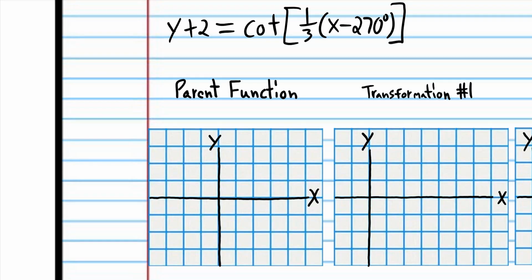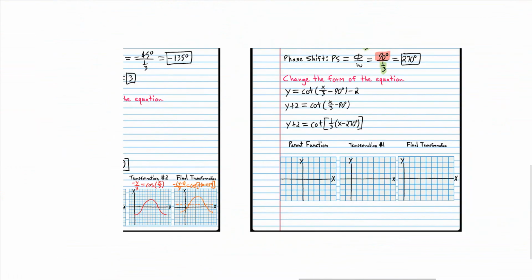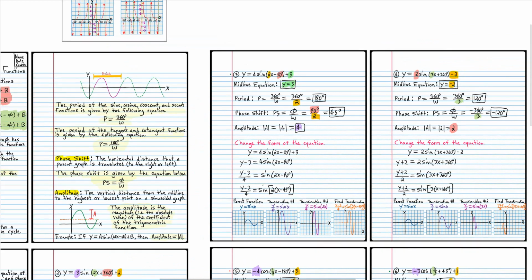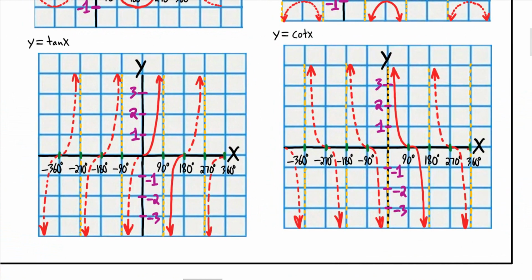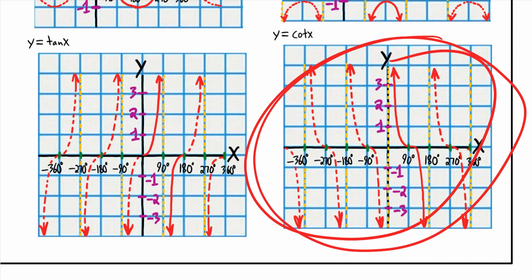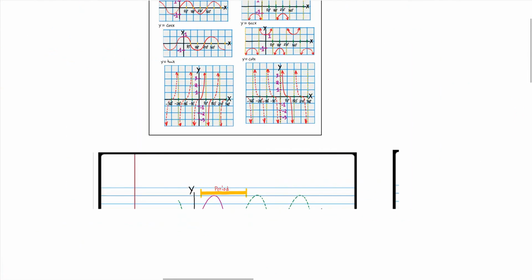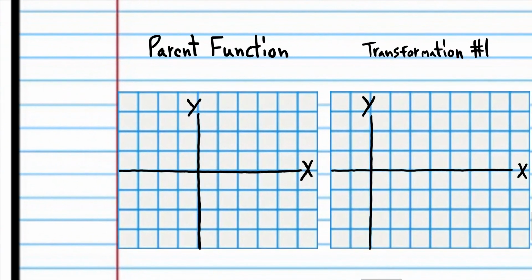Okay, so if we look at the cotangent graph, if you haven't got a picture of that, go ahead and get a picture. We have asymptotes on the y-axis in multiples of 180. So I'm going to draw the asymptotes, and we have one at 180.